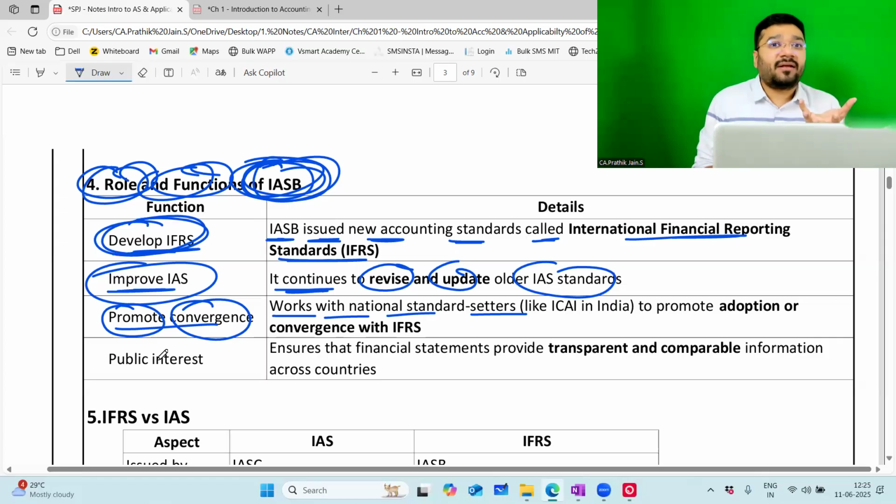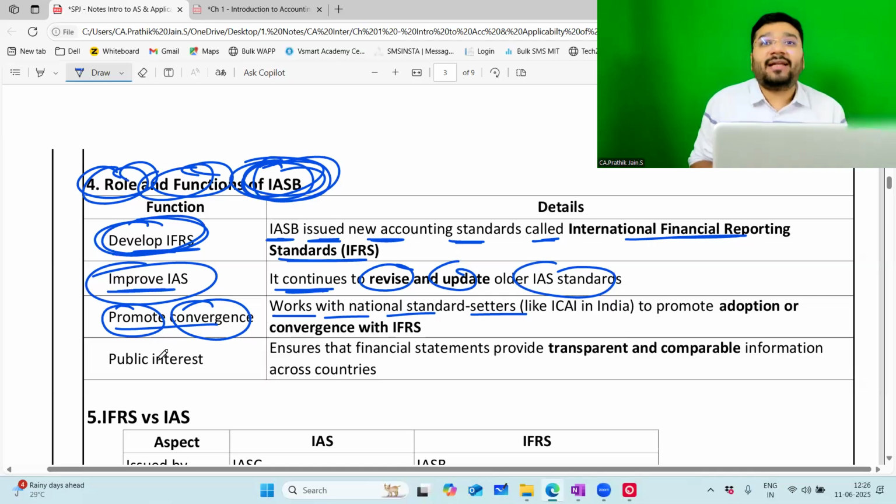From IFRS, for just your understanding, I'm telling you 80% of the content we took. The remaining 20% we left, because it was not suiting our country, our business environment, or our tax system. Therefore, we had to leave it. So what was applicable to us with the existing framework, we tried to converge.